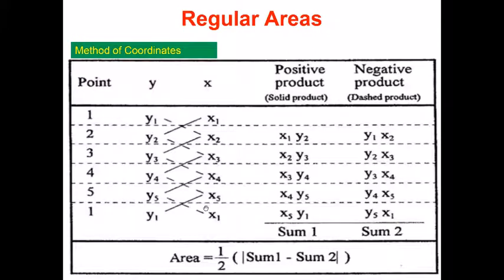Hence this point 1 over here. Then you write down the y coordinates first in the first column, and then the x coordinates in the second column. For the first point, you have x1, y1. For the second one, x2, y2. And similarly, you reach point 1 again, where you have x1, y1.